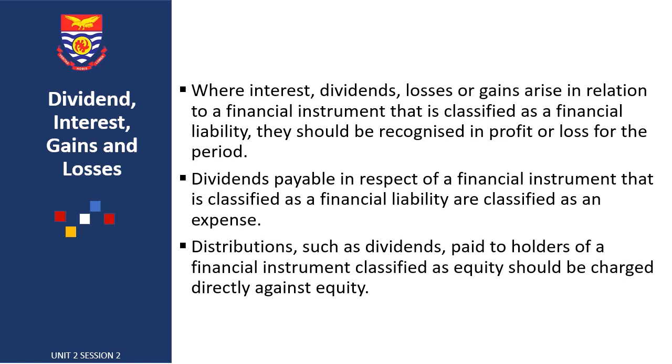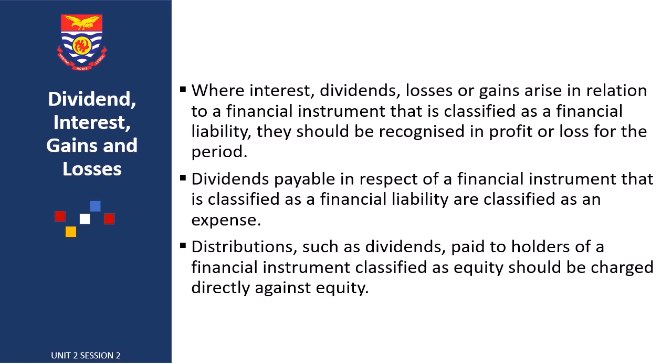Now I have distributions such as dividend paid to holders of a financial instrument classified as equity should be charged directly against equity. So we are talking about equity now.